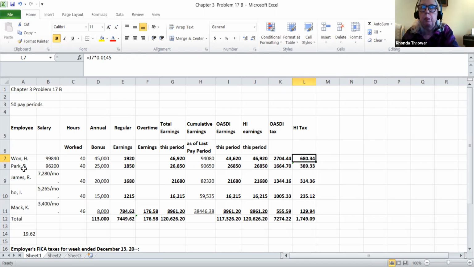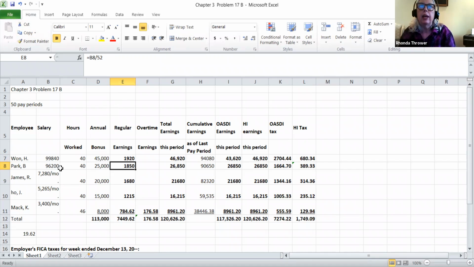For the employee Park, his annual salary was $96,200. You've got to figure up your regular earnings first. So take the 96,200 and divide it by 52 weeks in a year, and that will give you this earnings amount of $1,850.